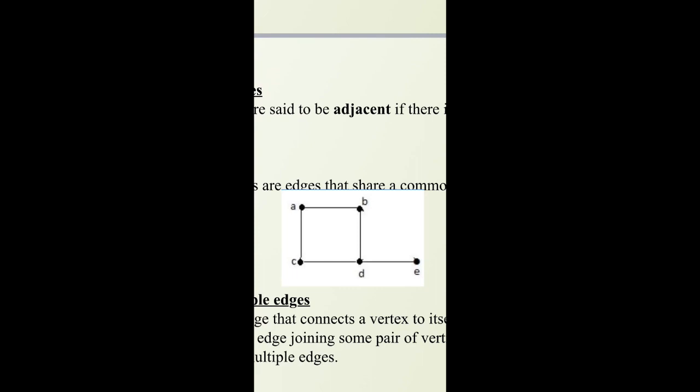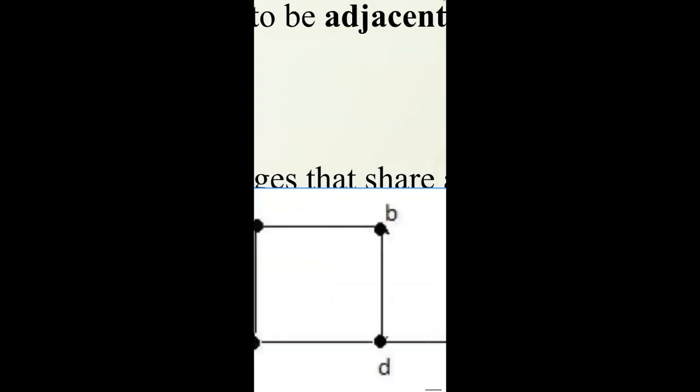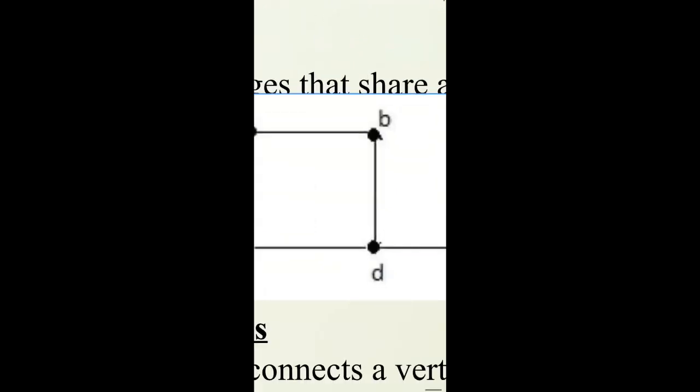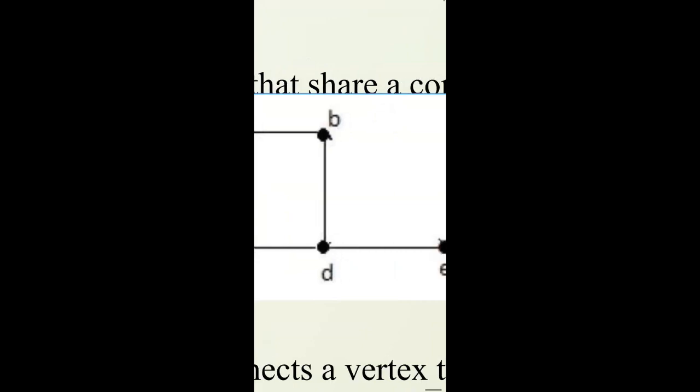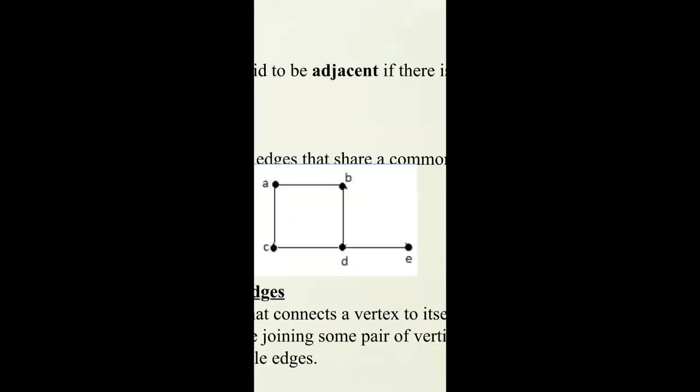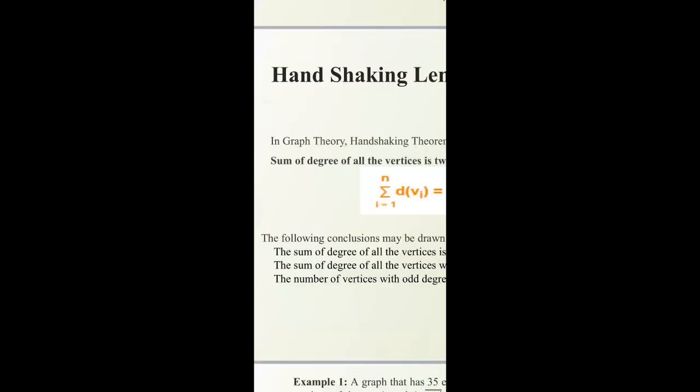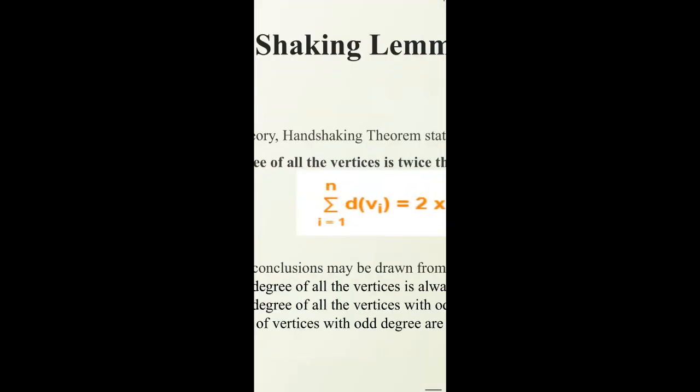So we will add all these degrees: 2 plus 2 is 4, plus 2 is 6, plus 3 is 9, and plus 1 is 10. So that is the left hand side, the sum of the degrees of all vertices.